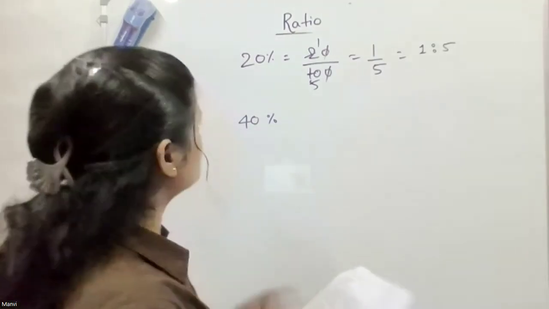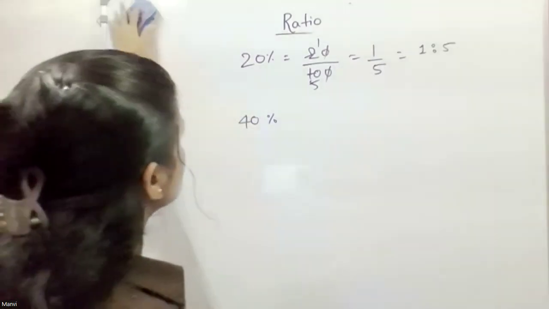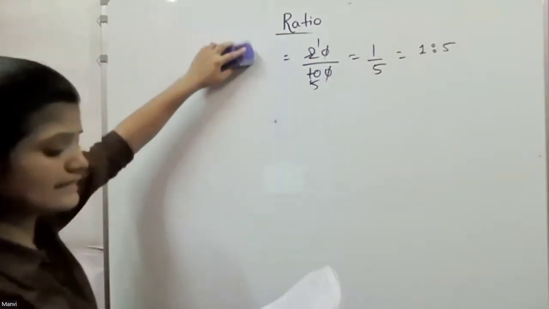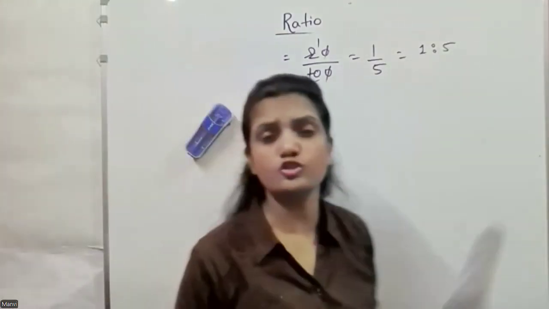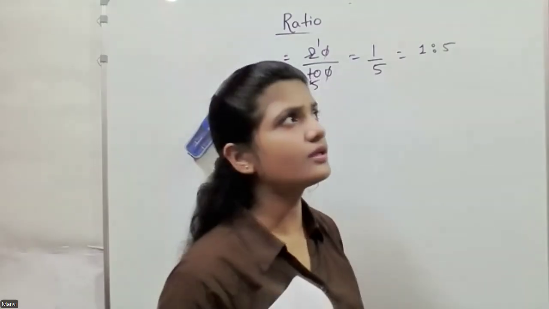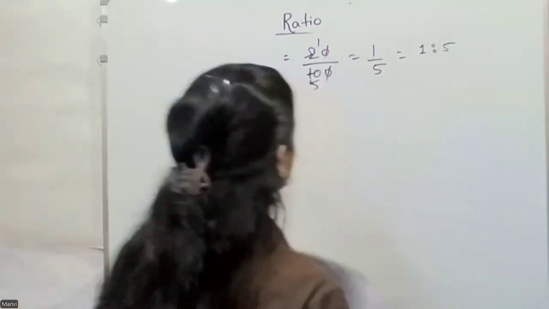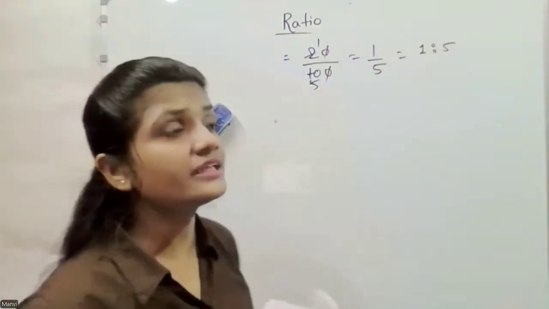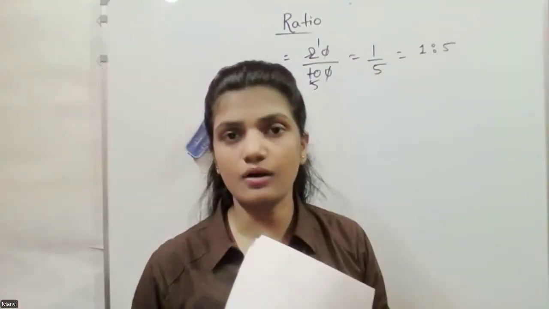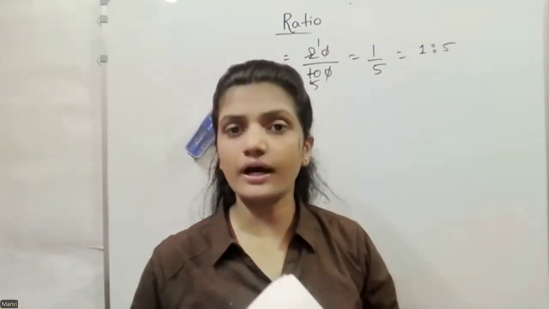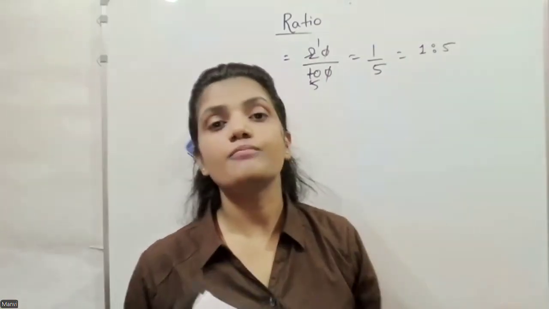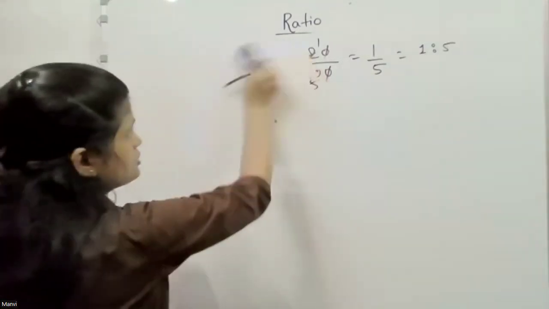You know why we need to do this? Because sometimes we have some amount of money, some amount of things like fruits or toys, and we need to share that amount in ratio form.